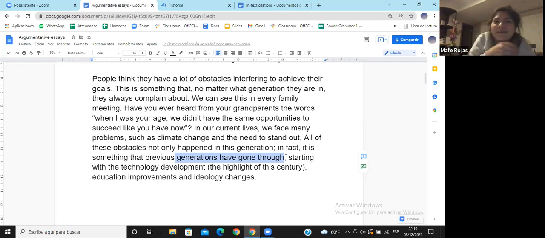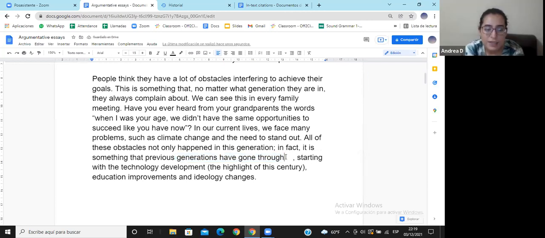Okay, but how can I start the summarized part? Maybe you could say it's something that previous generations have gone through, and then you can say the difference is that our current generation has more tools to deal with these problems. And then you could start with technology development and stuff.